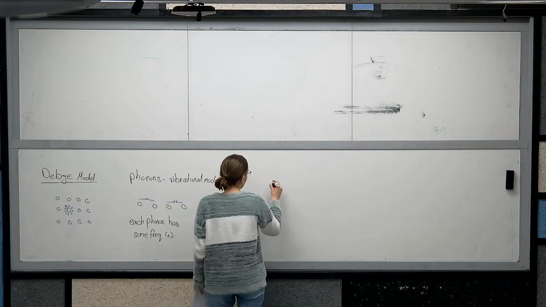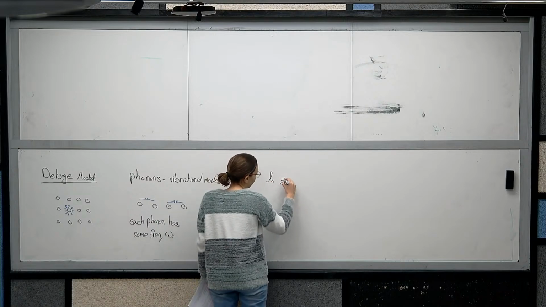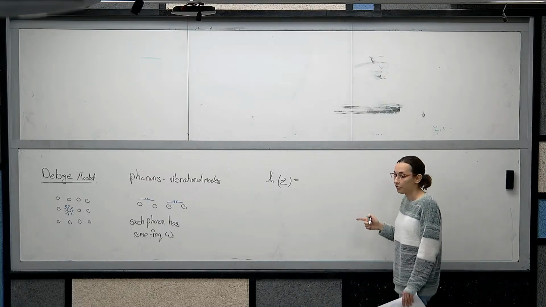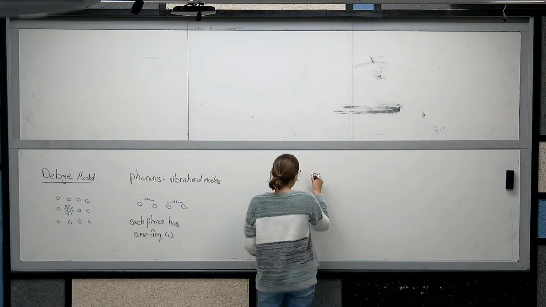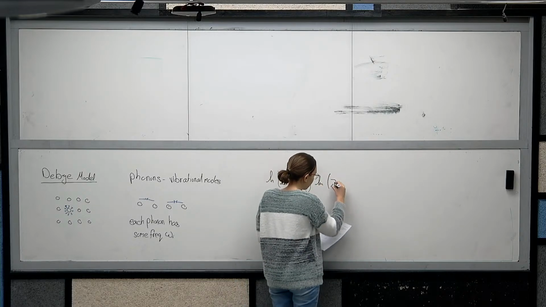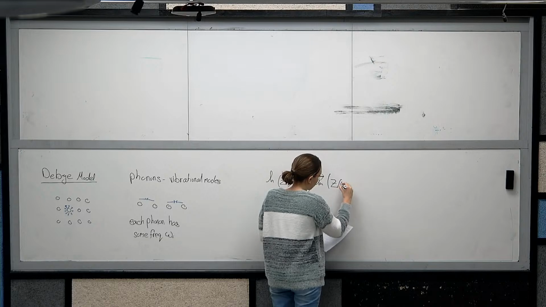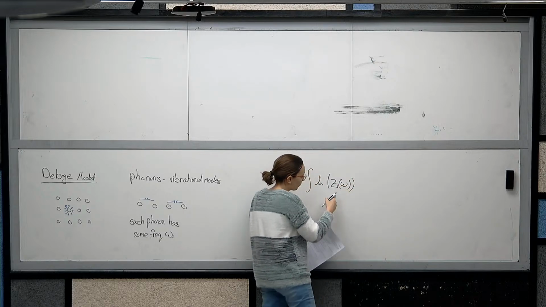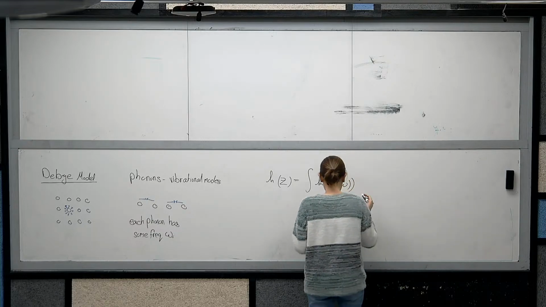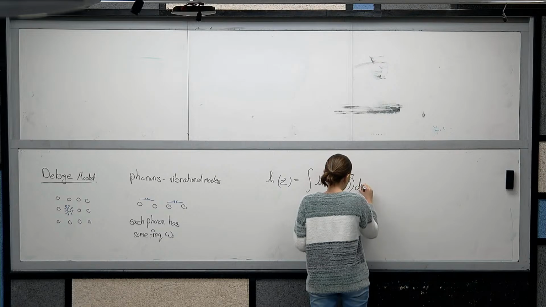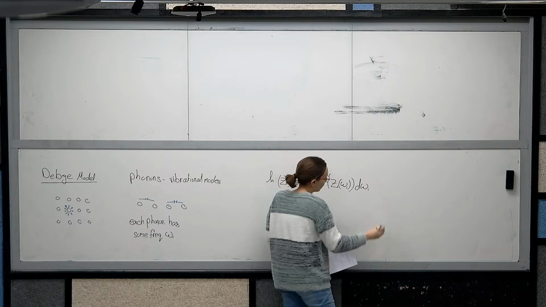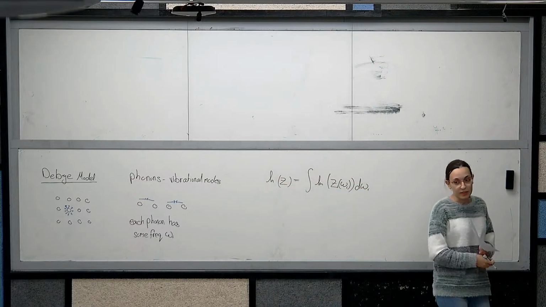Okay, so the log of the partition function equals ln of the subsystem partition function for each phonon, and we're summing over the possible frequencies.